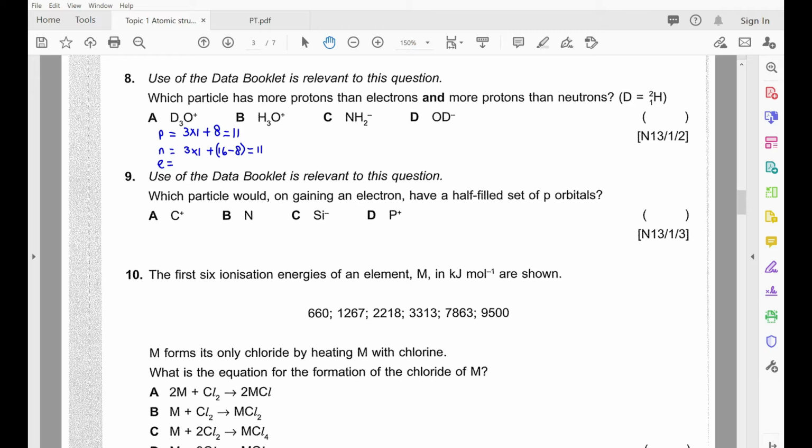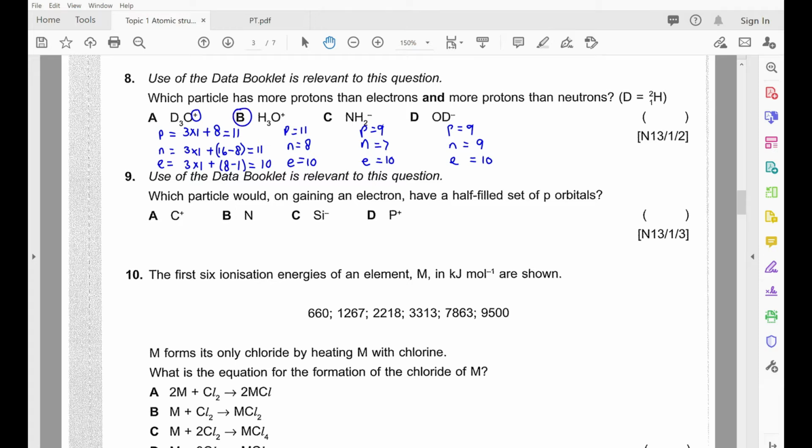So this is 11 neutrons. And electrons, each deuterium has 1 electron, and each oxygen has 8 electrons, but this species is a positively charged ion, so you take away 1 electron from there, so that gives you 10. Right, so you work out the numbers first for all of these species, and the answer is B.